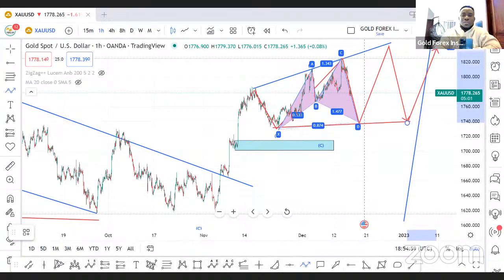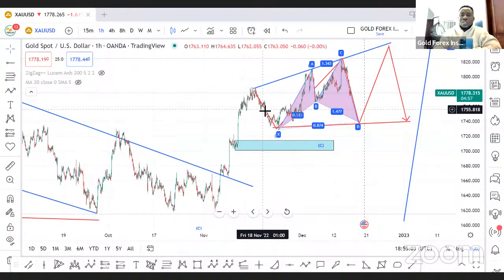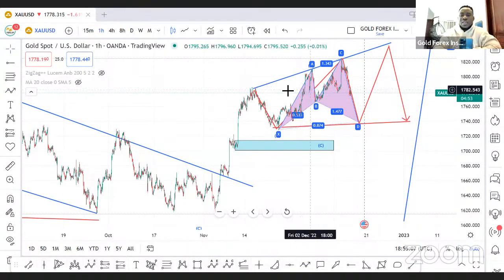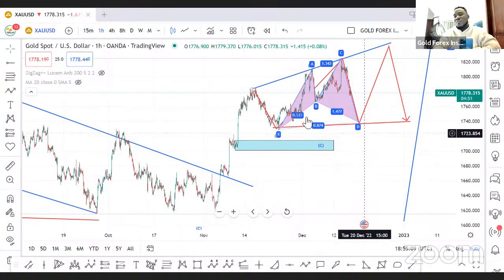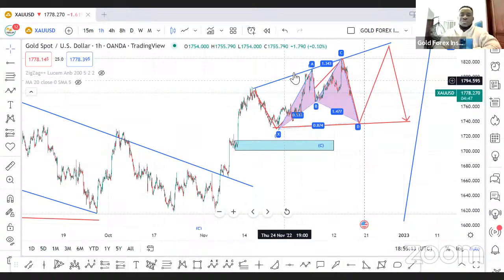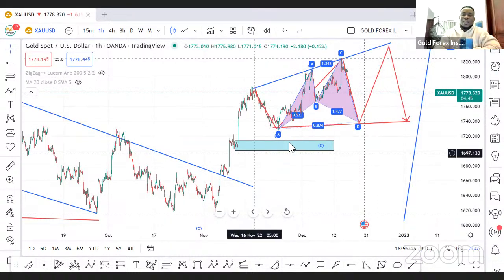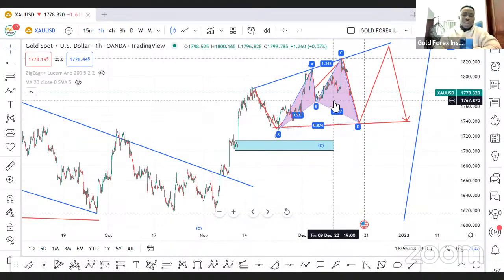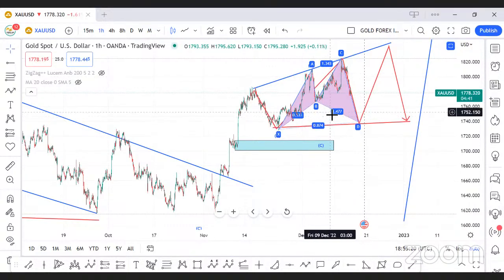I don't know. I was thinking that this one should have rather formed showing down so that it would be an impulse correction. But this one is forming more or less like an expanded flat correction. We don't know for now exactly what's going to happen.